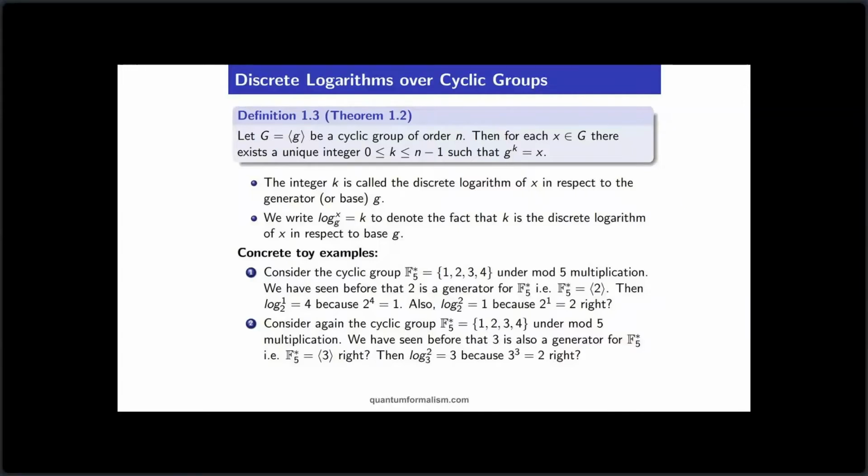You can just get the multiplication table of this quickly and look at it. And the same here: the discrete logarithm of 2 with respect to base 2 equals 1, because 2 to the 1 equals 2. Correct? Does anyone disagree? Have I made any typo? This is an opportunity to correct any typos.